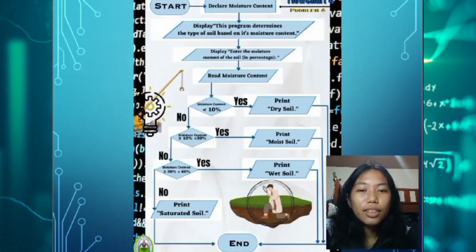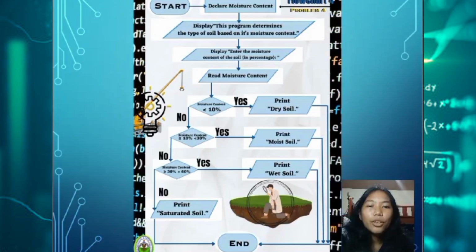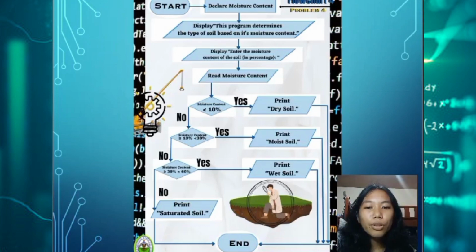Basically, the first step in the flowchart is to start the program, followed by the declaration of the variables, then displaying a message to the user in order to understand what type of program will be provided. Next is the input of the moisture content of the soil in percentage, then reading its variable and storing it as moisture content.